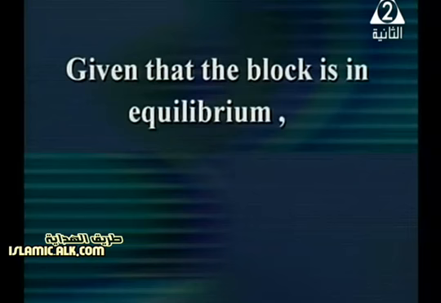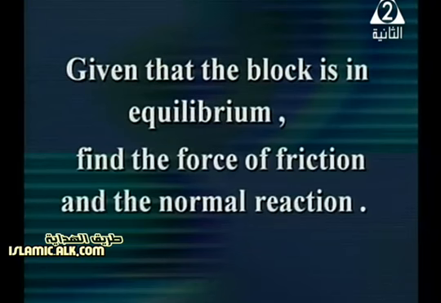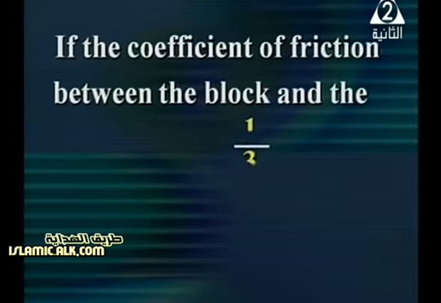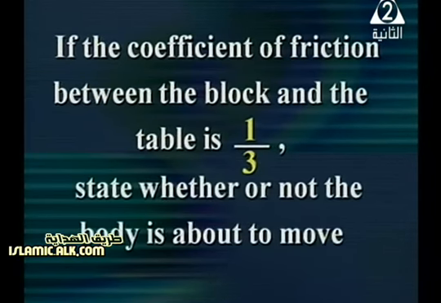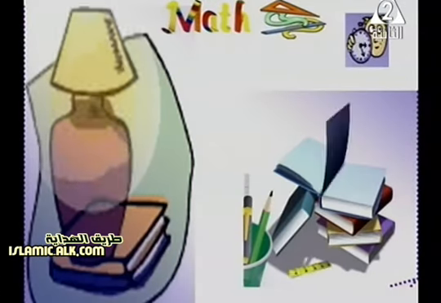Given that the block is in equilibrium, find the force of friction and the normal reaction. If the coefficient of friction between the block and the table is one third, state whether or not the body is about to move.